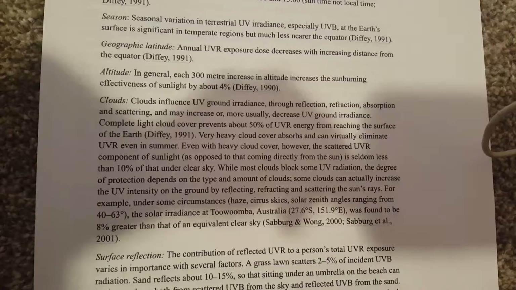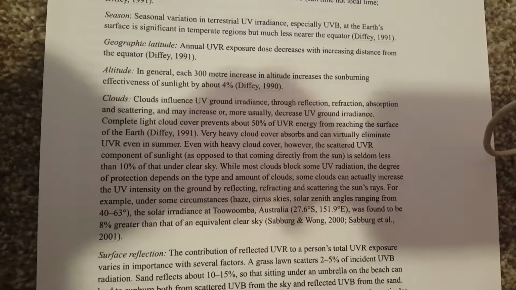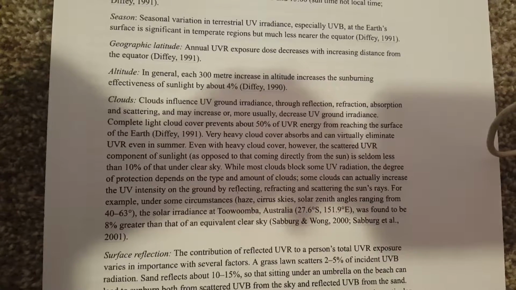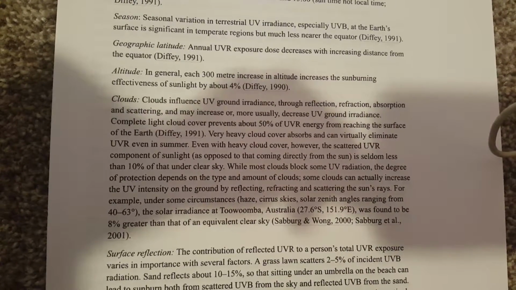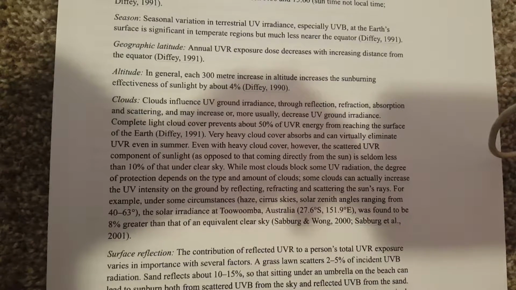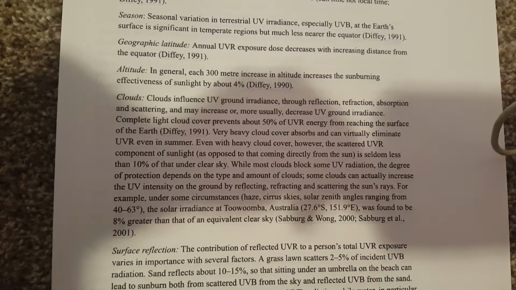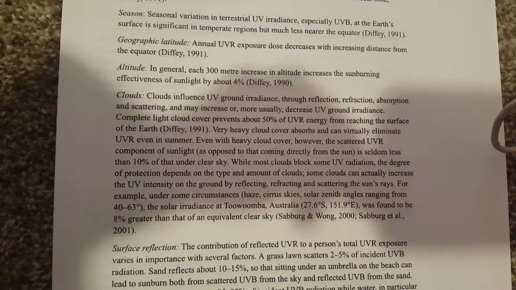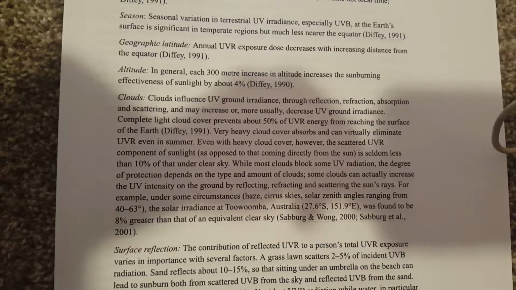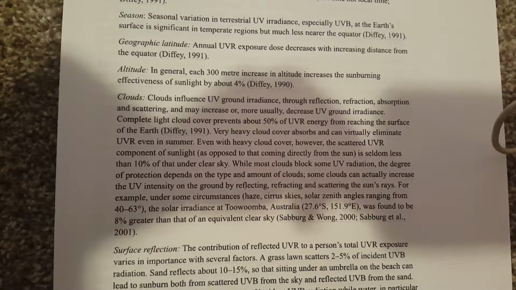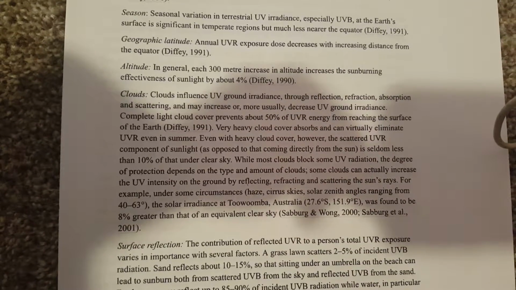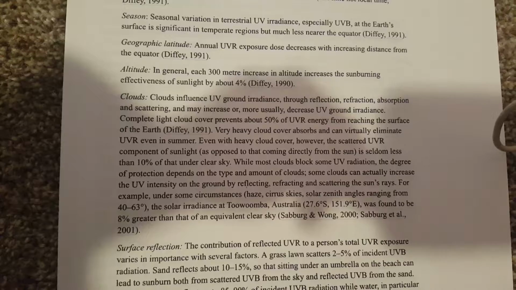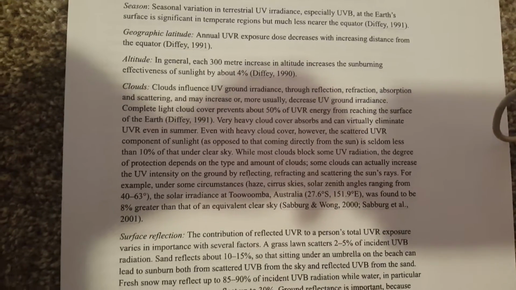Even with heavy cloud cover, however, the scattered UVR component of sunlight, as opposed to that coming directly from the sun, is seldom less than 10% of that under clear sky. While most clouds block some UV radiation, the degree of protection depends on the type and amount of clouds. Some clouds can actually increase the UV intensity on the ground by refracting and scattering these sun rays.